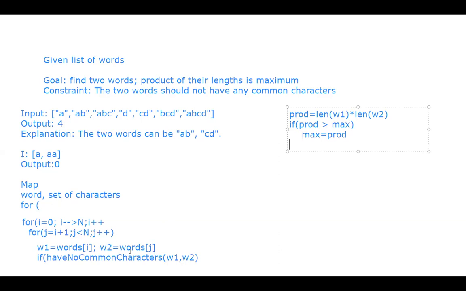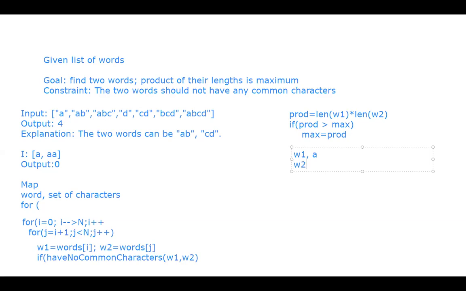One way that someone proposed here was using a hash map. The idea was that for the first word, A, you store a hash, let's say word 1, and A is present.